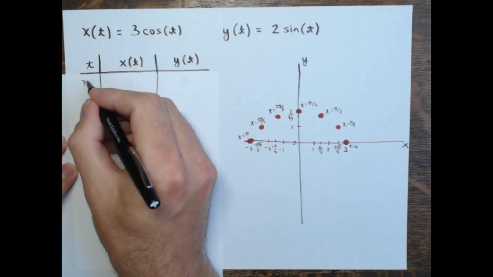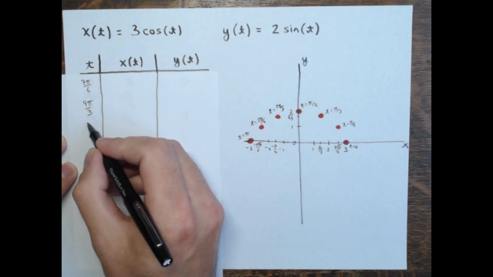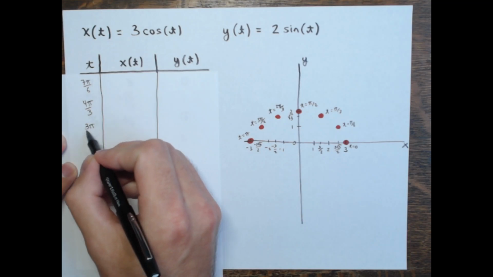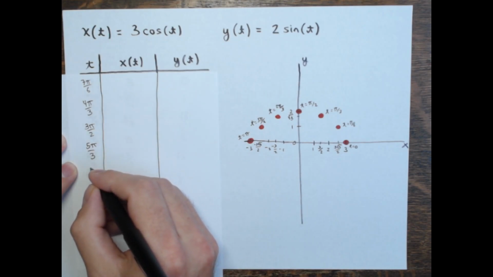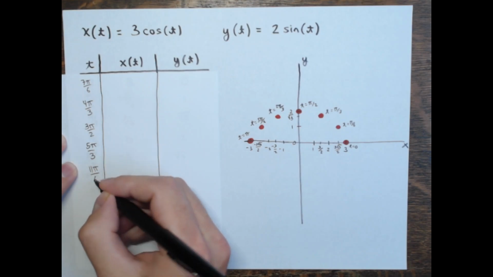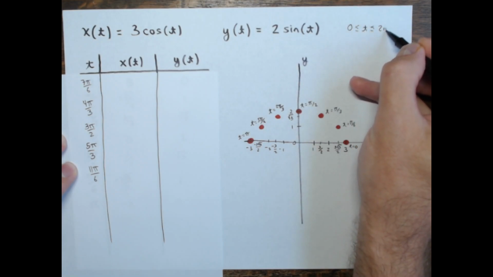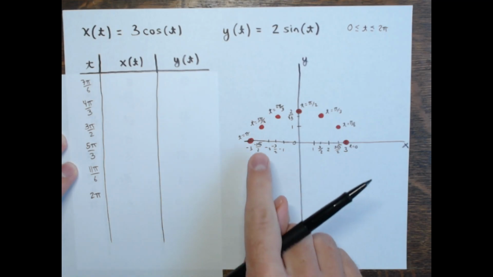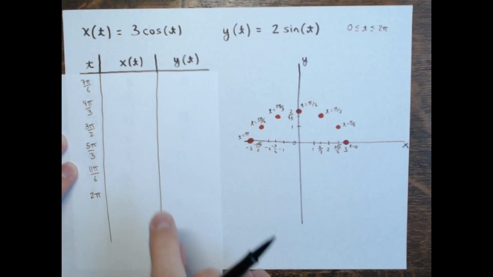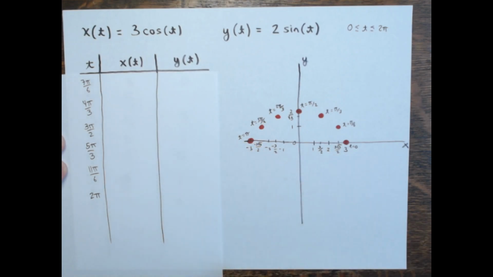Now so 7 pi over 6, 8 pi over 6, which is 4 pi over 3, 9 pi over 6, which is 3 pi over 2, 10 pi over 6, which is 5 pi over 3, then 11 pi over 6, and finally, t was ranging from 0 to 2 pi, it said in the problem. 12 pi over 6 is 2 pi. And I'm hoping you can tell, based on the previous part of the table that I just covered up, this part here, we're just going to get the bottom half of this ellipse, pretty much points on the bottom half of an ellipse, right?